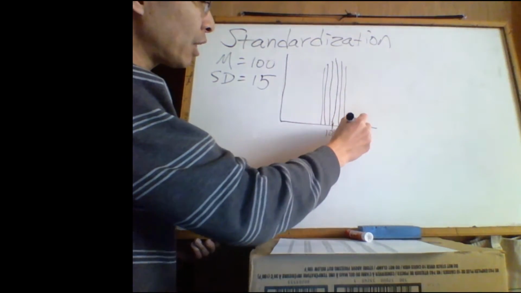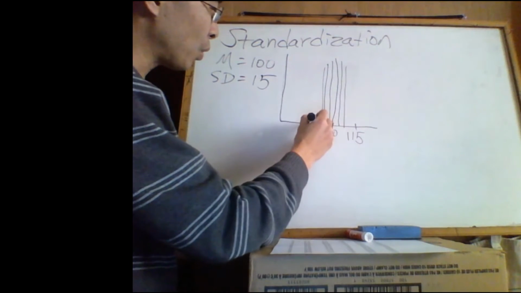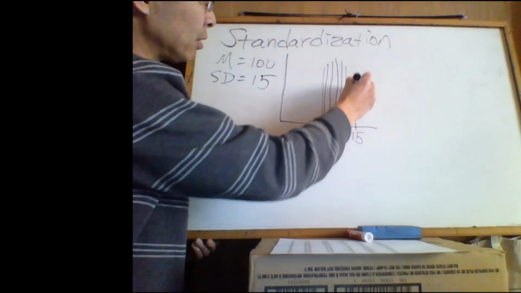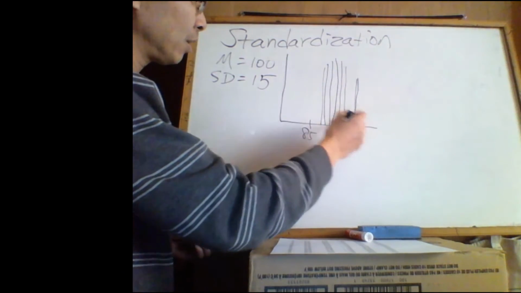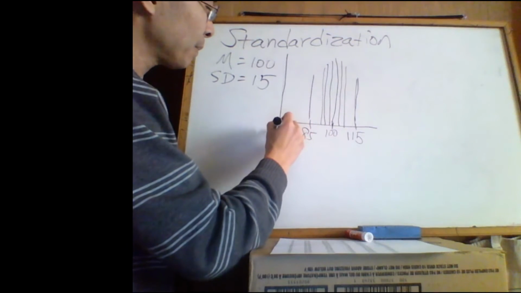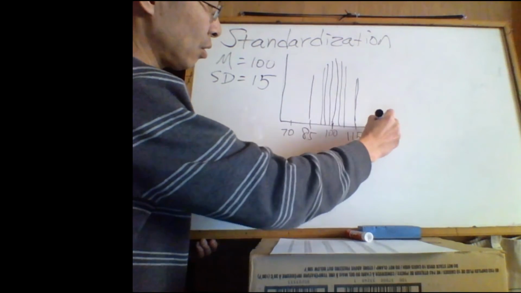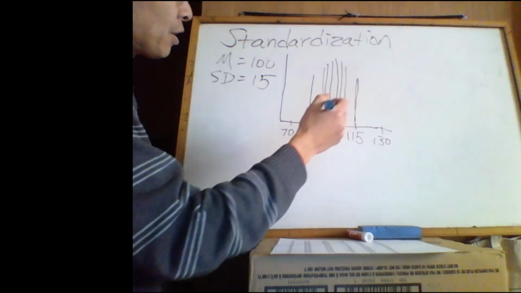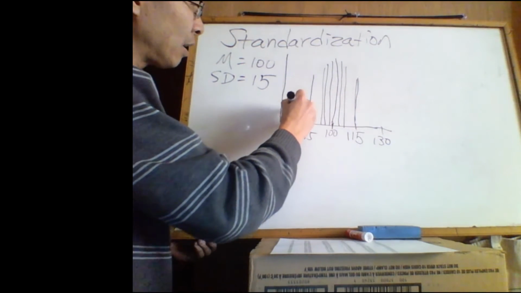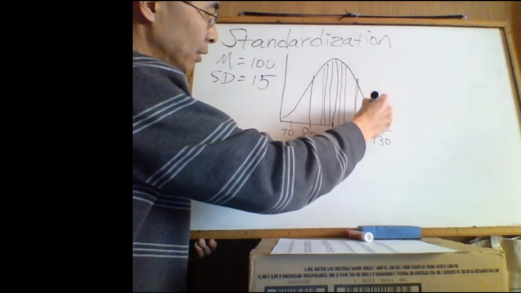Now, one standard deviation is 115 or 85. Fewer people are higher than 115 or lower than 85, or beyond 70 or 130. In other words, we have a reason to believe the data will follow a normal distribution, like this.